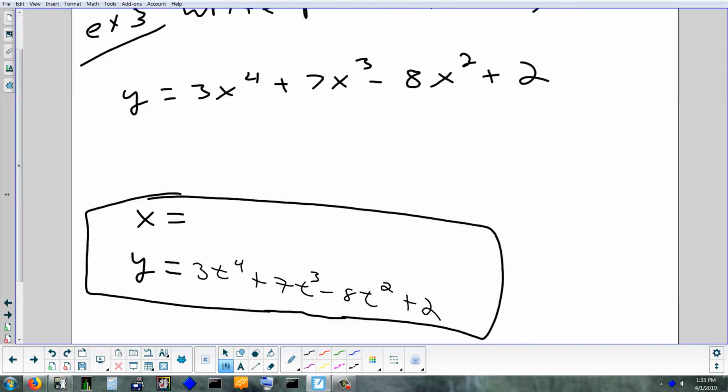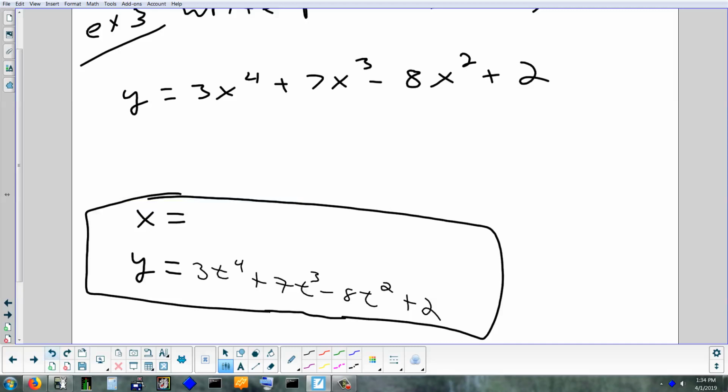Now you need to write something here so that when you solve this equation and get t by itself and then substitute in, you get back what you started with. So what would you put for the x equation? Would it be the 4th root of t over 3 plus the 3rd root of t over 7 minus the square root of t over 8?